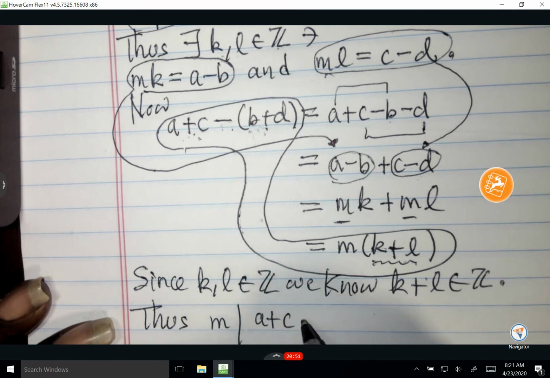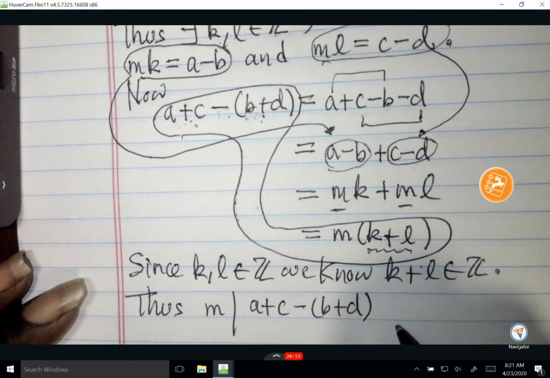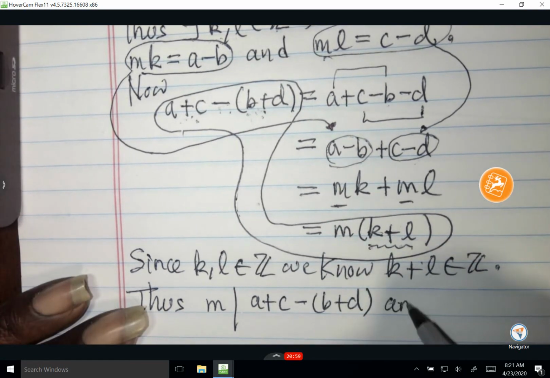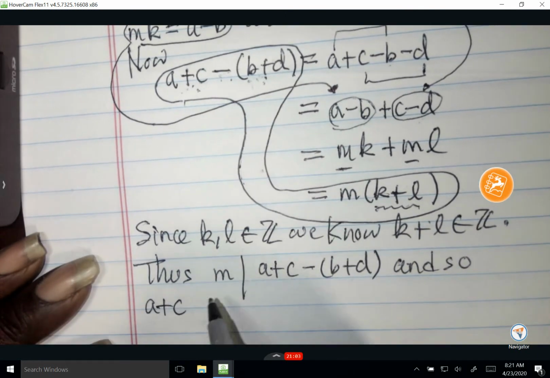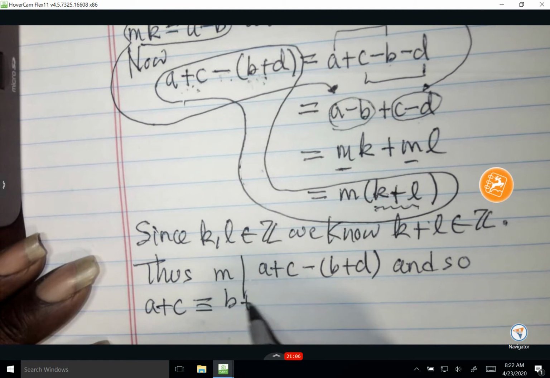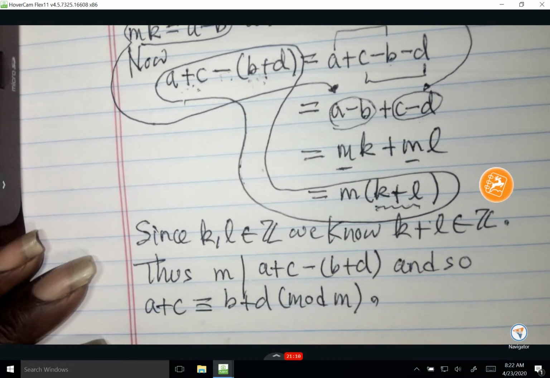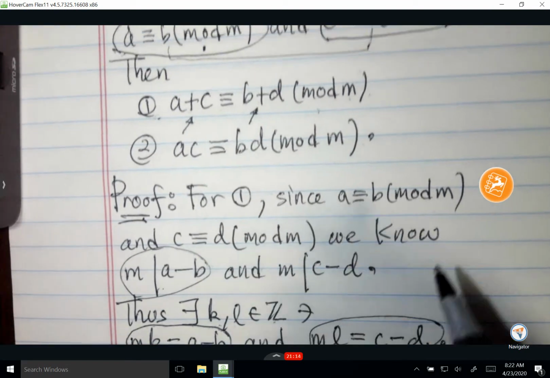M divides a plus c minus b plus d. And so they're congruent mod m by the definition on the previous page. And so a plus c really is congruent to b plus d mod m. And that gives thing 1.